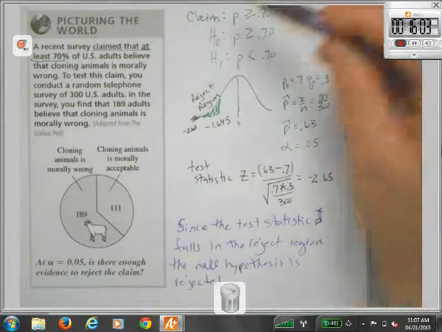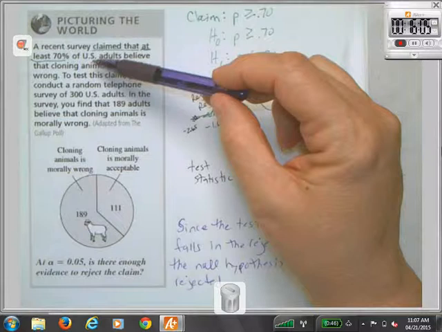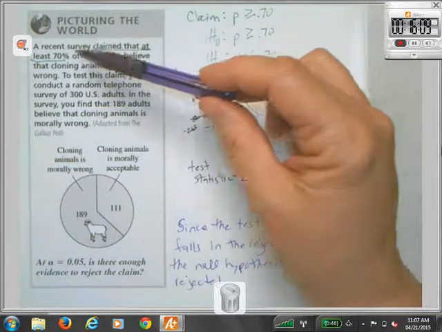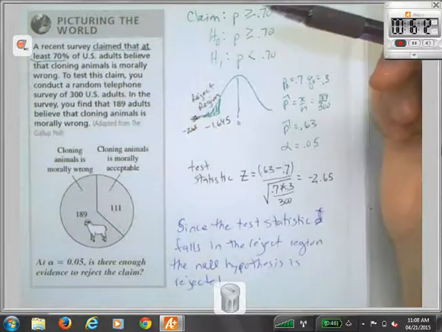So looking back at what the claim actually is in words, a recent survey claimed that at least 70% of U.S. adults believe that cloning animals is morally wrong. Well, we're going to reject that.